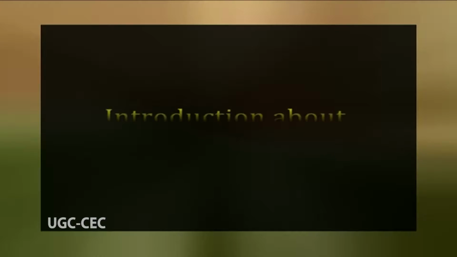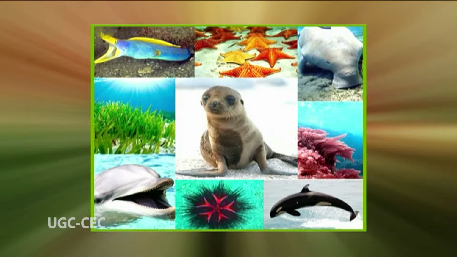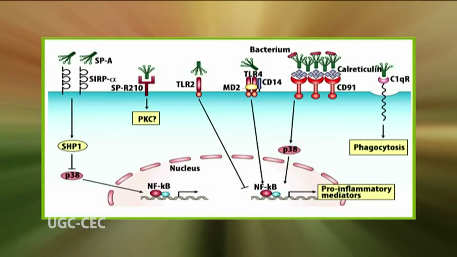To begin with, let me first of all give a brief introduction about cell signaling. One characteristic common to all organisms is the dynamic ability to coordinate constantly their activities with environmental changes. Cell signaling makes it possible for cells to respond in an appropriate manner to a specific environmental stimulus.